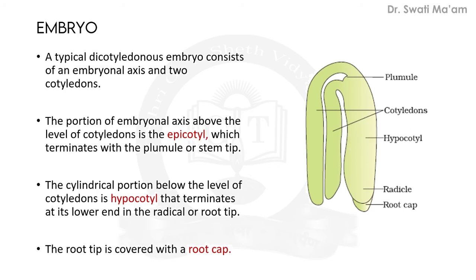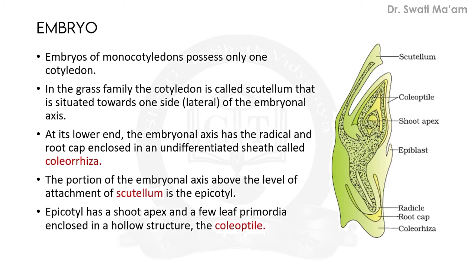It terminates at its lower end in the radicle, which is surrounded by a covering known as the root cap. All these structures are present on the embryonal axis. The root cap has its own importance: the root tip is covered by the root cap, and it helps to protect the area.